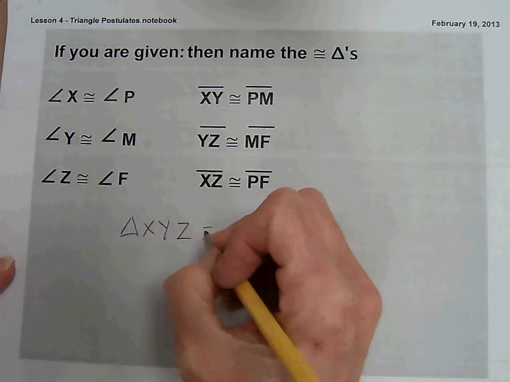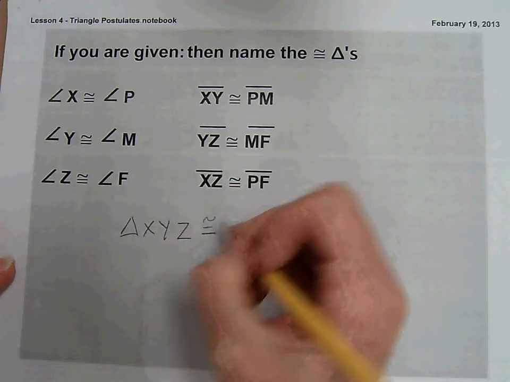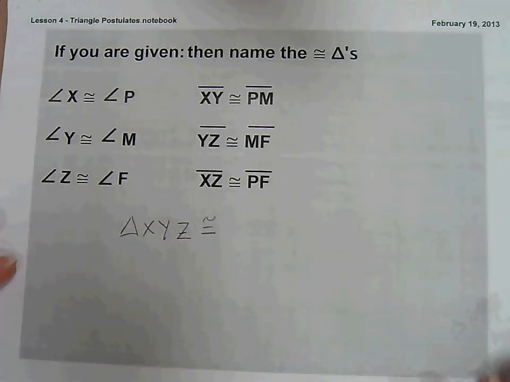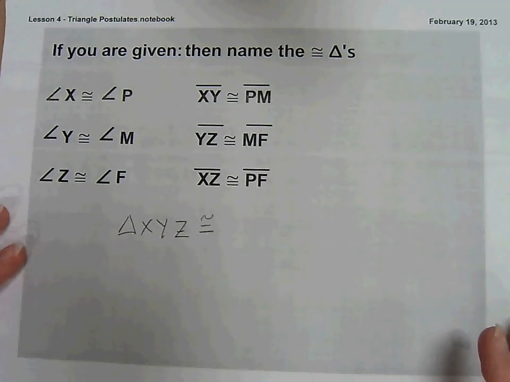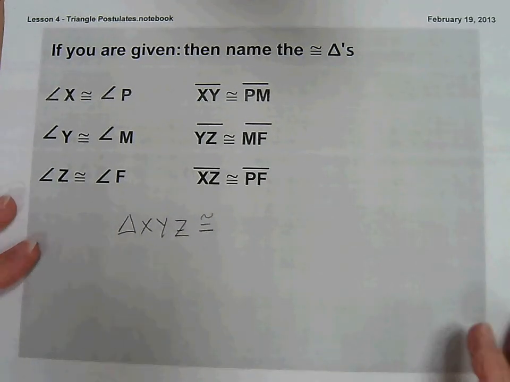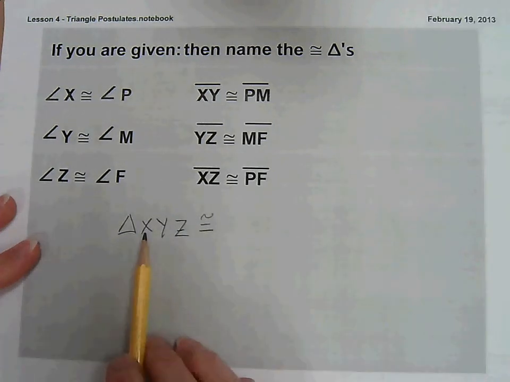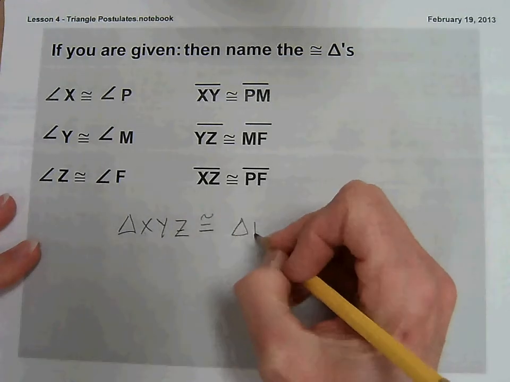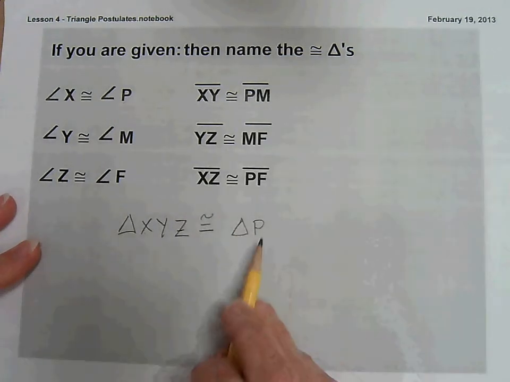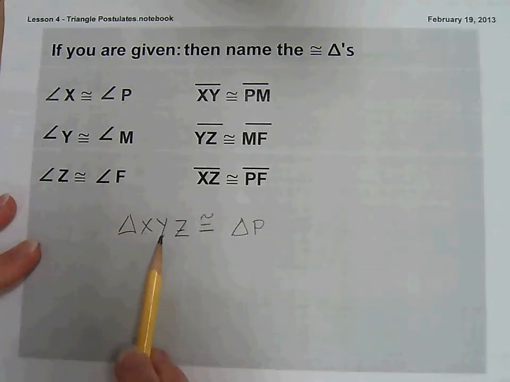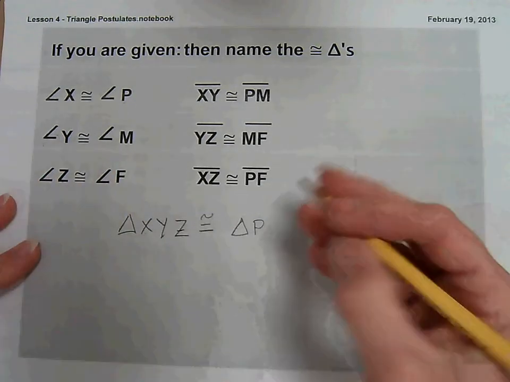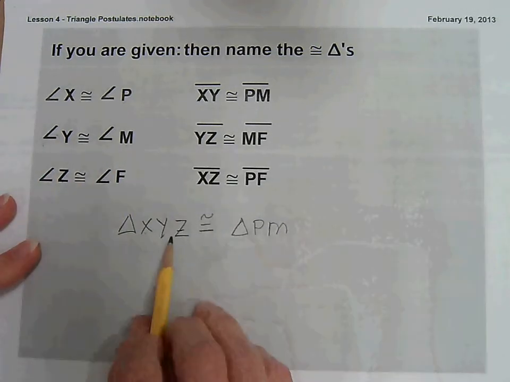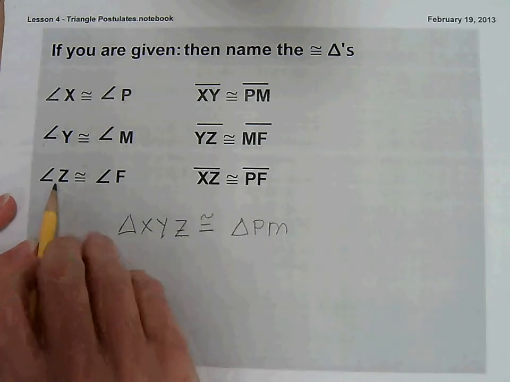And remember I said that in congruence of triangles, when you state that two triangles are congruent, order does matter. So the corresponding angle, the one that's congruent to angle X, is angle P. So that must be congruent to triangle P, and the one that's congruent to angle Y is M, and the one congruent to angle Z is F.